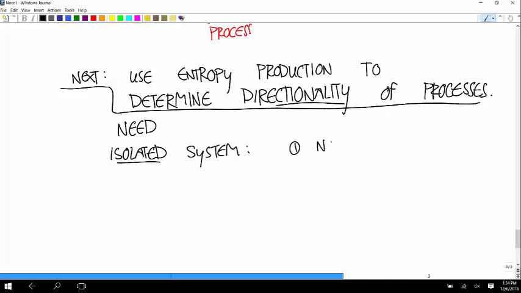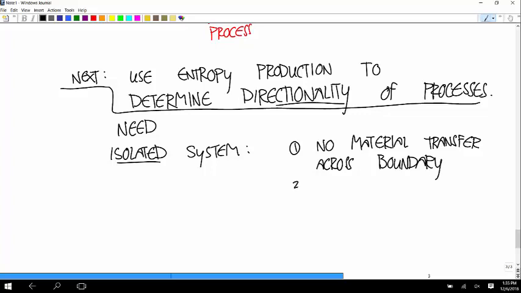First, it means no material transfers across the boundary. And second, no energy transfer across the boundary.